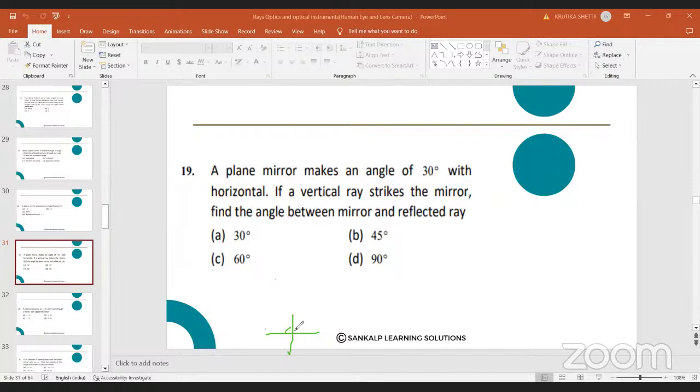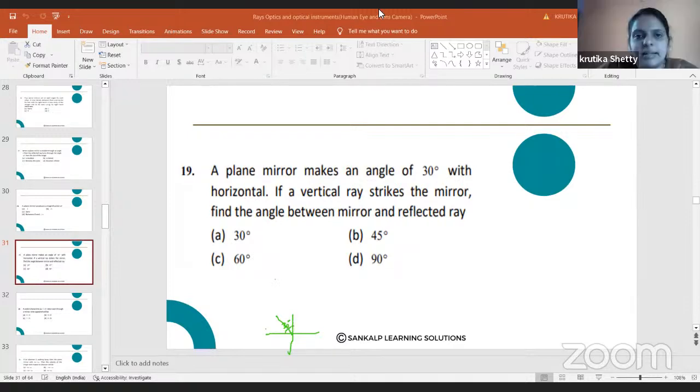With this, the angle is 30 degrees, they are saying. Then what is the angle of incidence? The angle of incidence is the angle between the incident ray and the normal drawn. Here, with the horizontal, whatever angle it is making, it is 30 degrees.